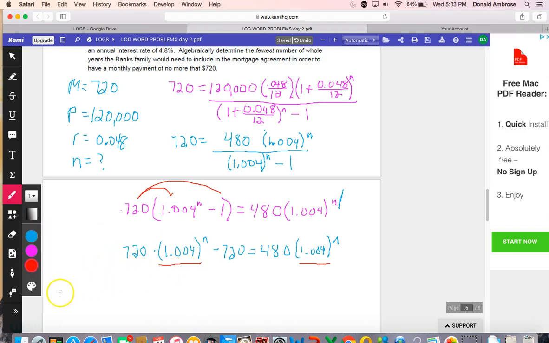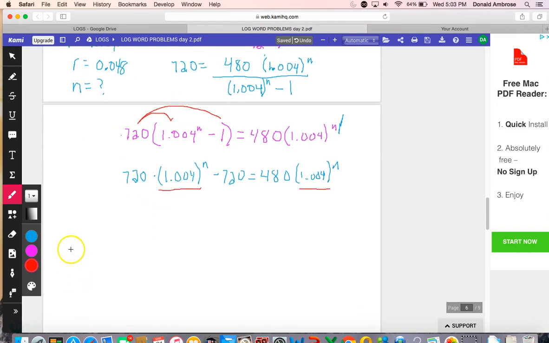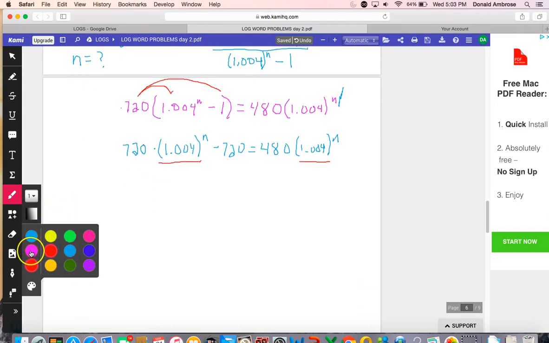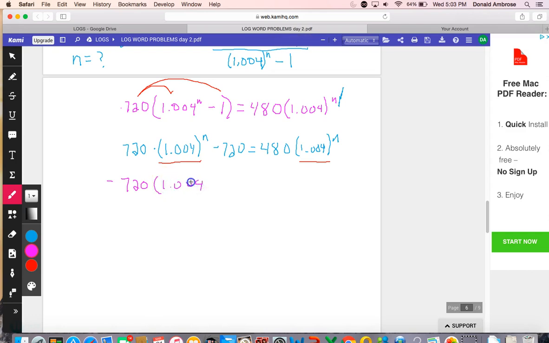So to help with getting them by themselves, we'll subtract both sides by 720 times 1.004 to the nth power. And when we do this, on the left-hand side, what we'll just have there will be negative 720.